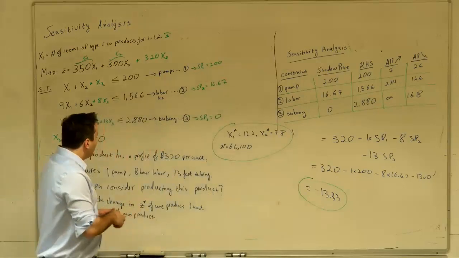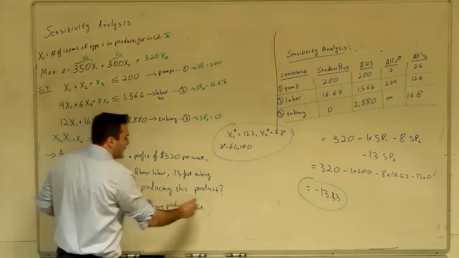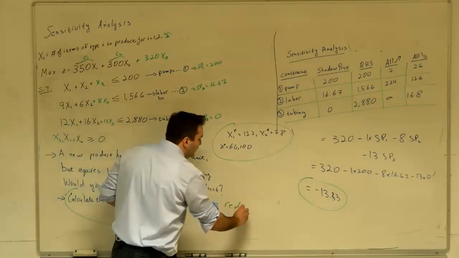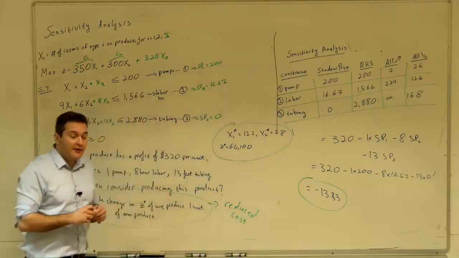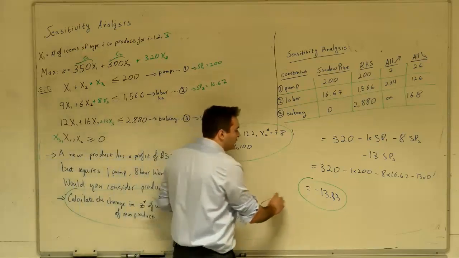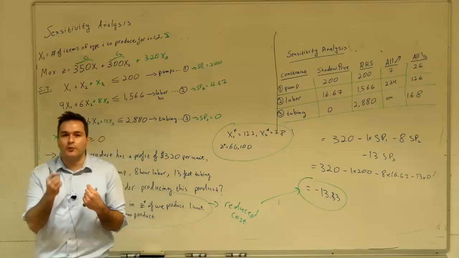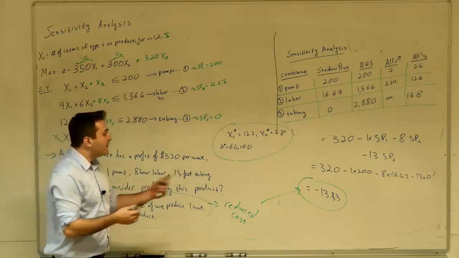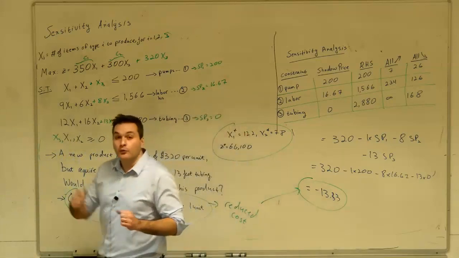Now, this value is also referred to as the reduced cost. So the reduced cost of item 3 at optimality is a negative value, which, again, is defined as forcing the system to produce 1 item of this product at optimality. Since this is a negative value, it means it will not be desirable to produce.